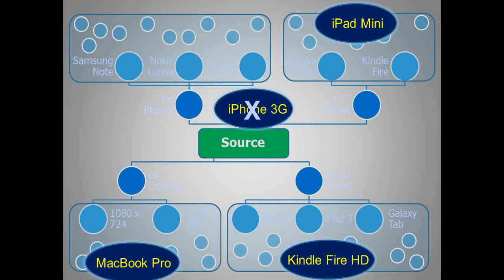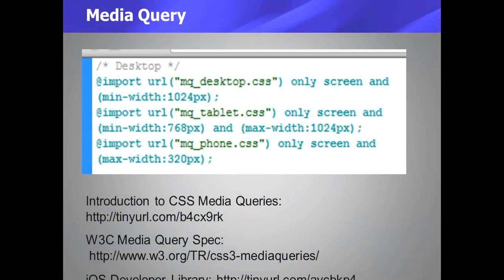When the Kindle Fire HD came out, which is a larger size tablet, that fit in well with that 10-inch category. The MacBook Pro was able to be supported by the desktop category. The original iPhone, the iPhone 3G, is one which didn't fit in because of its screen size. So you can also have ones that end up not fitting in well.